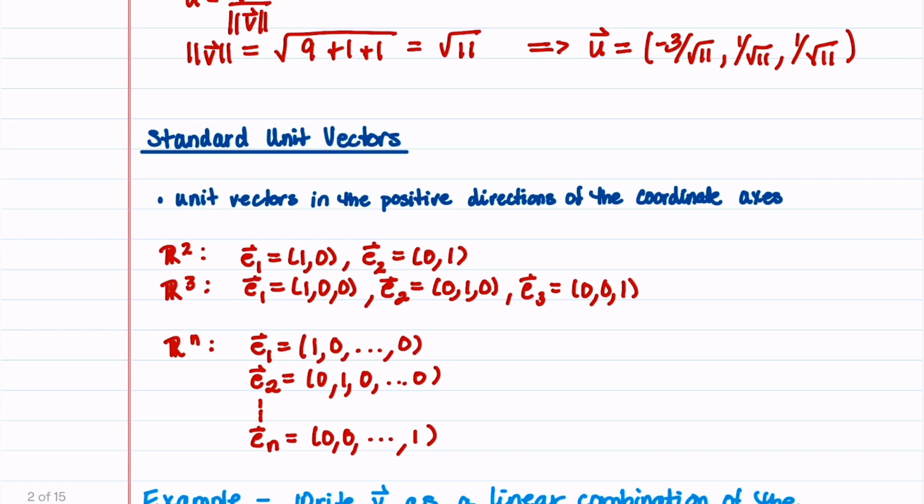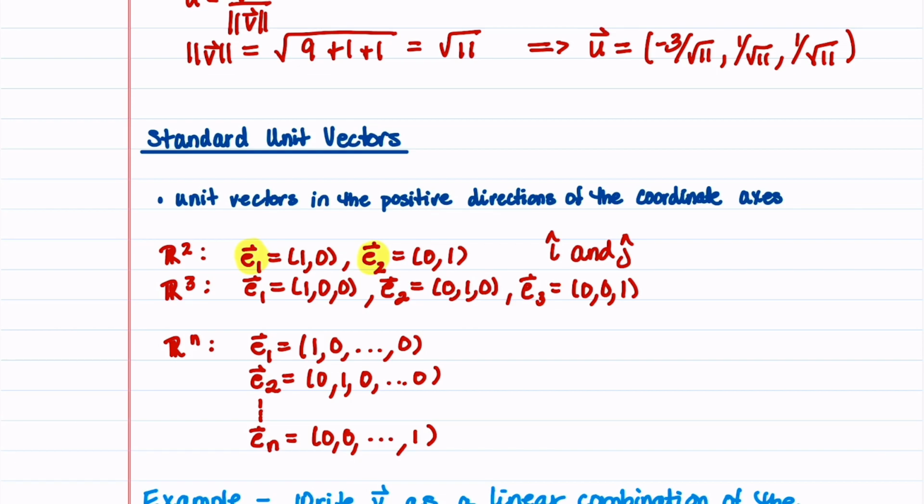Let's now define what a standard unit vector is. Standard unit vectors are unit vectors in the positive direction of the coordinate axis. In R2, our standard unit vectors are e1 and e2. If you've studied physics, you might recognize these as i hat and j hat.